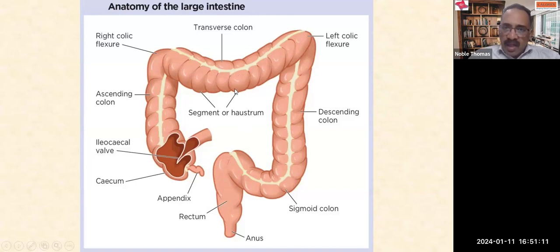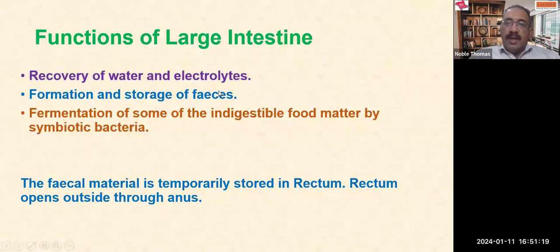And these bacteria help in making a large amount of vitamin B complex. At the end of the large intestine is a small bowl-like structure called the rectum, and the rectum collects the undigested waste material for some time.